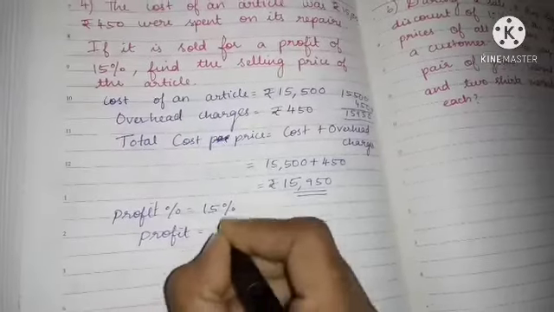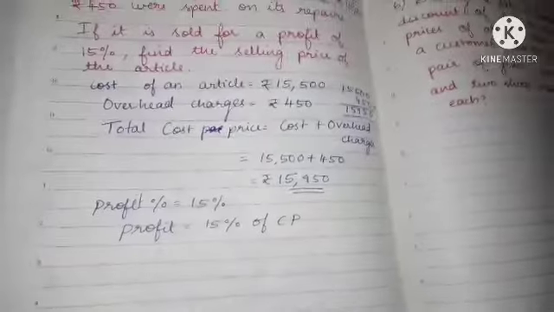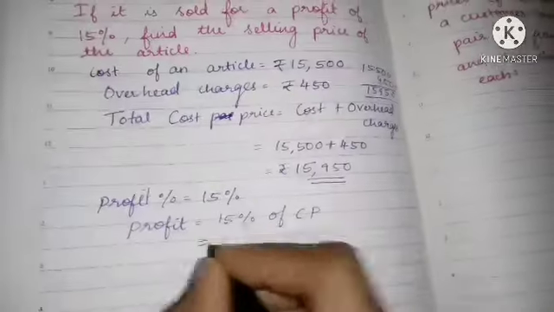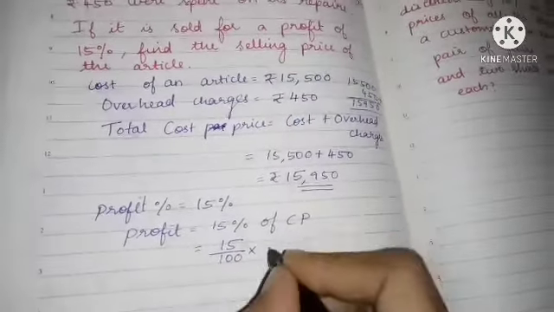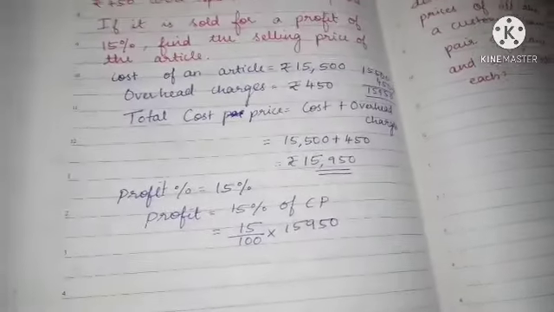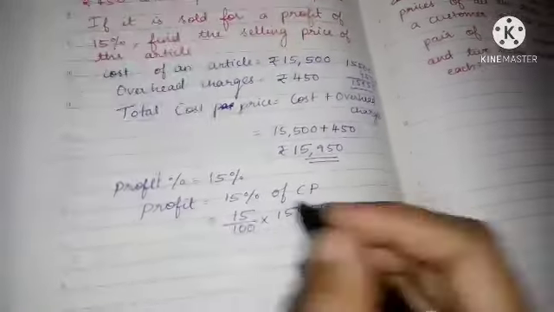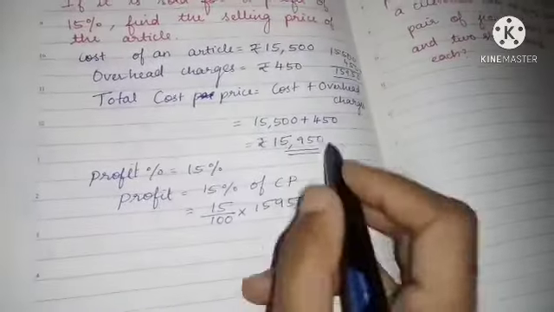Profit is equal to 15% of cost price. 15% means what? 15 by 100 into cost price, which is 15,950. Okay, 15,950 is the total cost price which you have to consider.